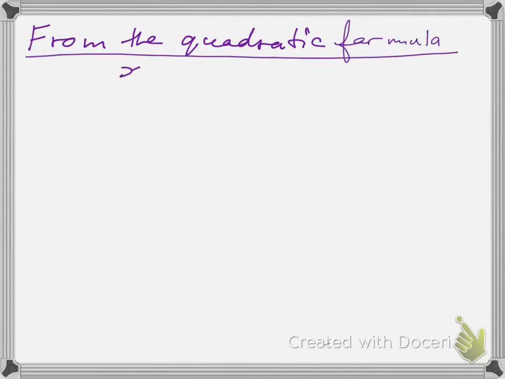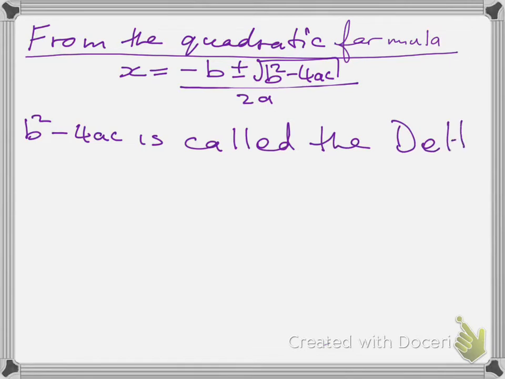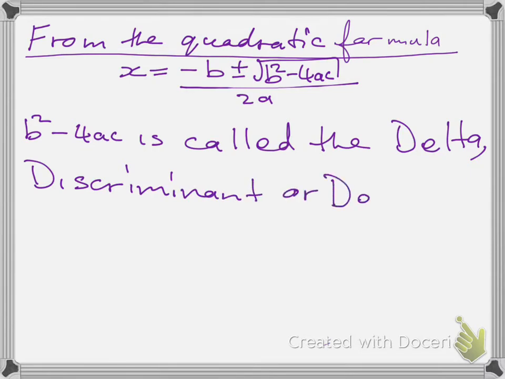Right, so from the quadratic formula, we have what we call the determinant. Some call it delta, some call it the determinant, some call it the discriminant. This delta, which is b squared minus 4 multiplied by a multiplied by c, is what we use to determine the nature of the roots of the quadratic.